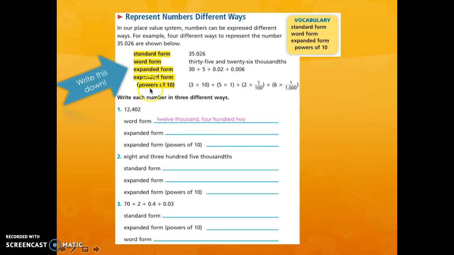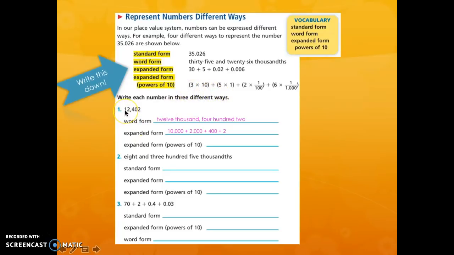Expanded form. If we go up here and remind ourselves what expanded form looks like, I'm going to have 10,000 plus 2,000 plus 400 plus 2. We're going to take that same number and write it this way.